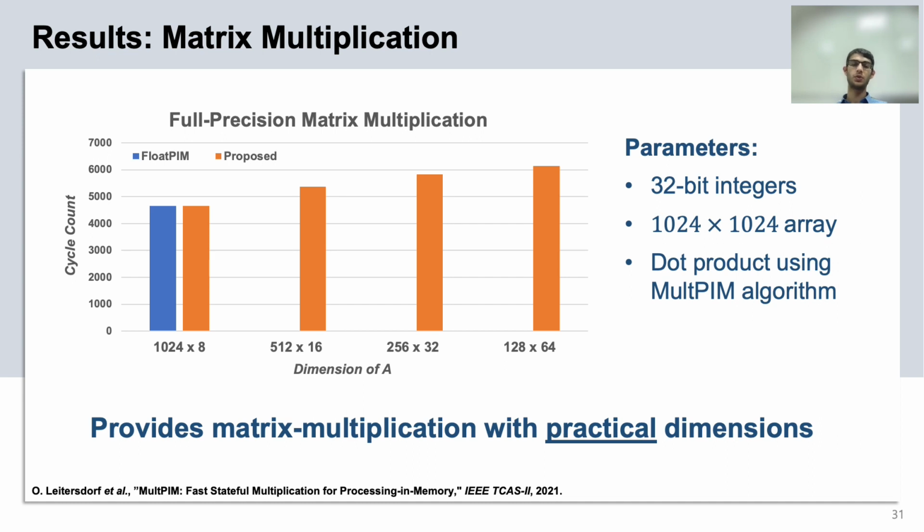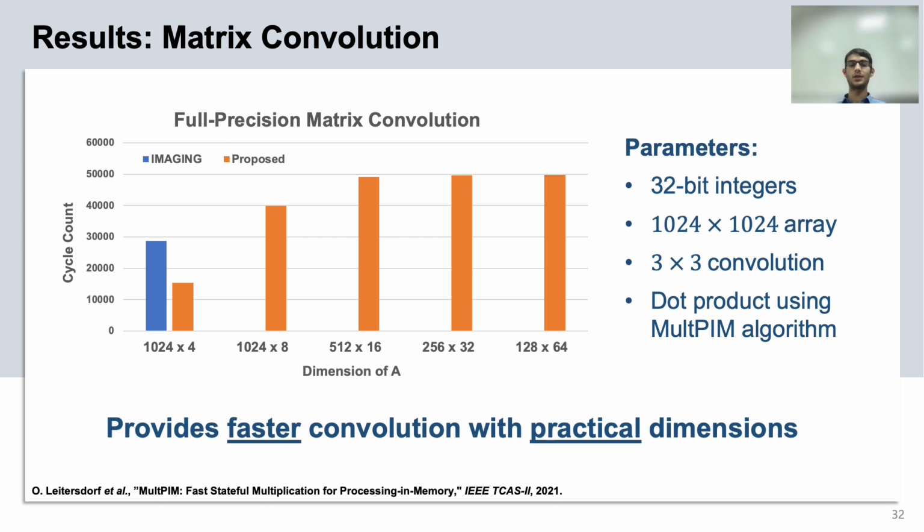If we look at matrix convolution, then we see that even for the small unrealistic example of 1024 by 4, we're able to improve the latency by over 2x because we're doing more efficient shift operations. And then we're also able to generalize to much more symmetric dimensions, like matrices A of 128 by 64. Essentially, we're getting both faster and more practical convolution.